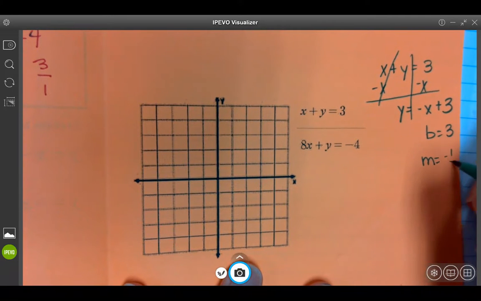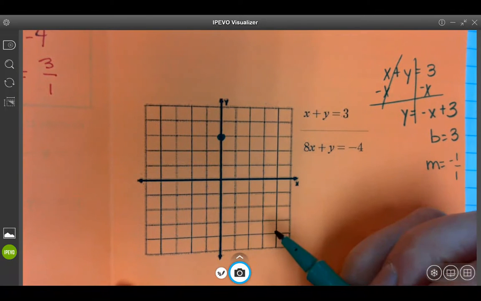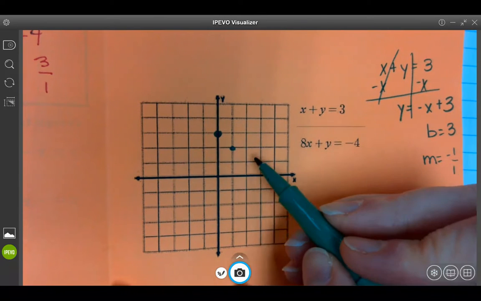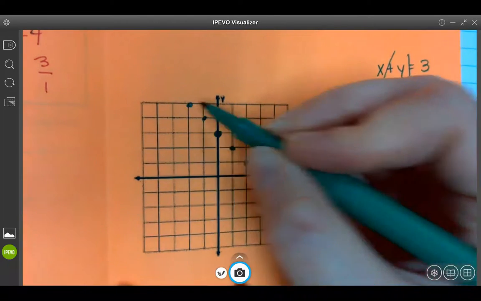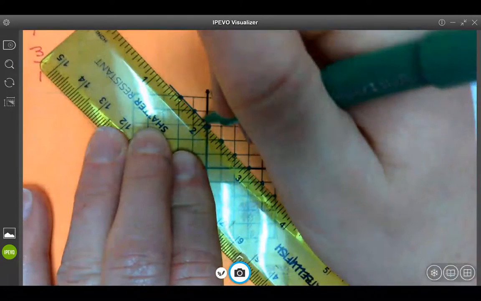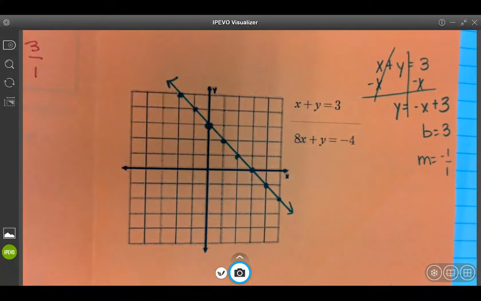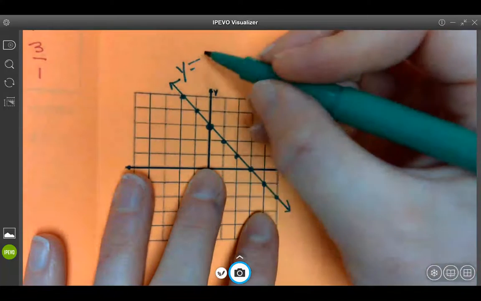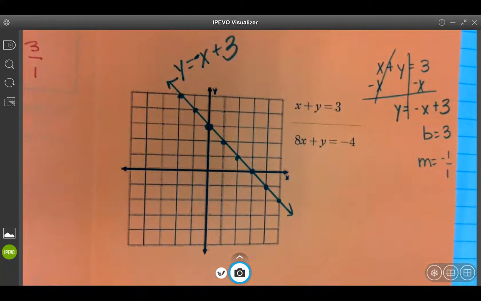M is negative 1 over 1. Down 1, right 1. Name it.